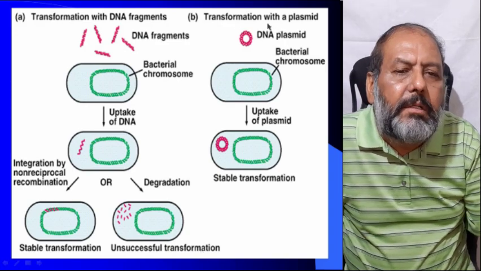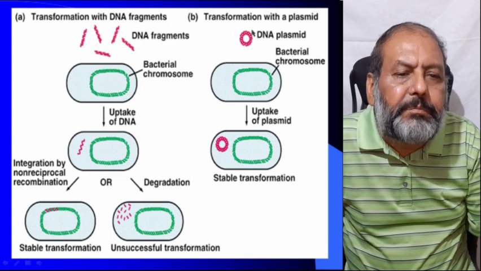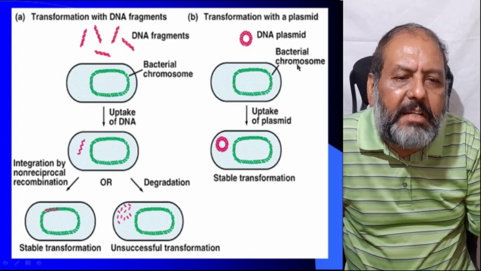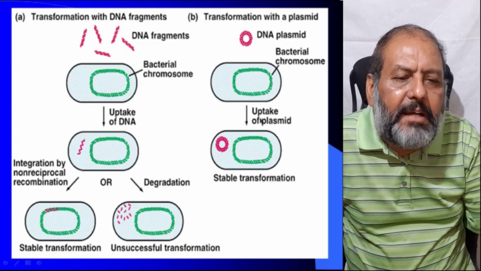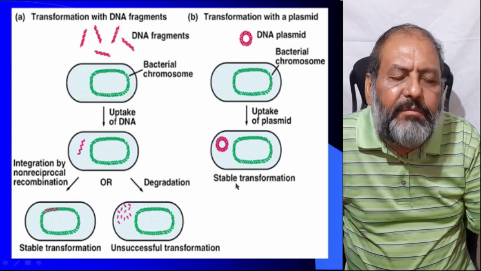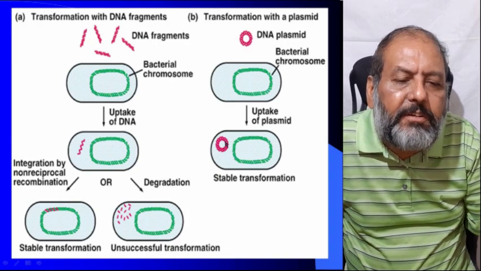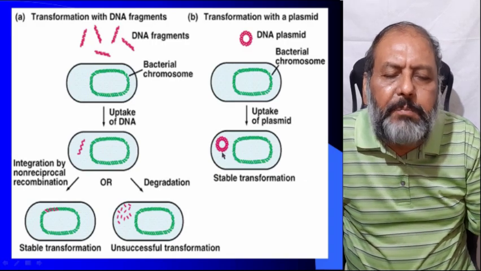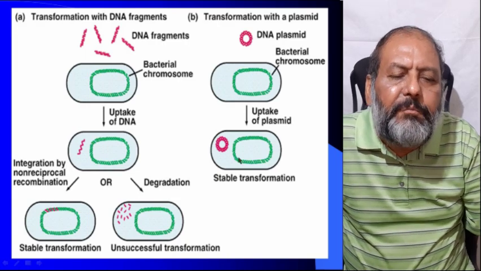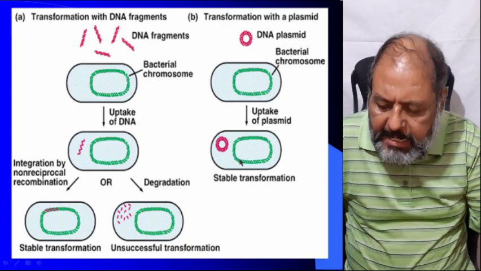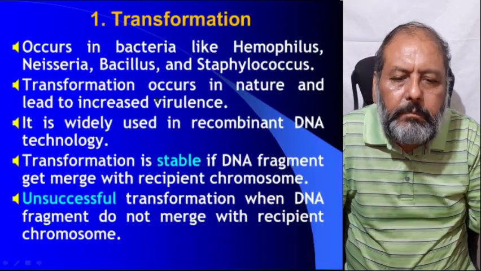Here again one can see transformation with a plasmid. The circular plasmid DNA is taken up by the bacteria, and when the uptake is complete, that causes stable transformation, as the plasmid lies successfully in the bacterium with the chromosome, and it can merge or not merge later on.